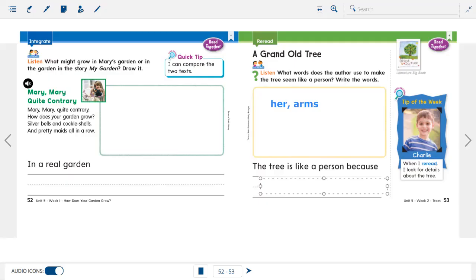So he is calling the tree her. And the branches are like arms. So we're going to write over here, it has branches like arms.